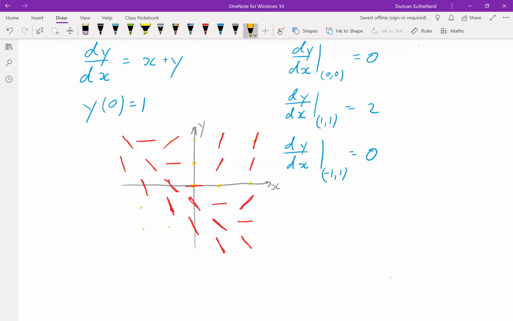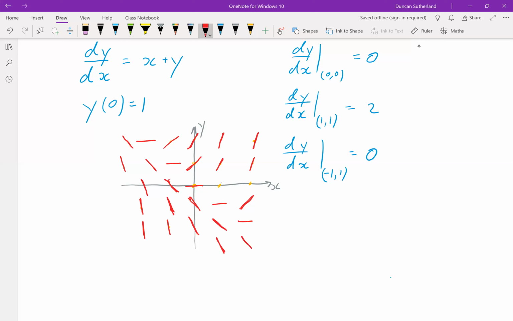Oh, I should go and draw in those ones as well. So here we've got -2, so that's going to be slope -3, so that's quite steep. That one's going to be -3 as well. This one's going to be -4, so it's even steeper. Out here we've got slope 1. Here we've got slope 2.